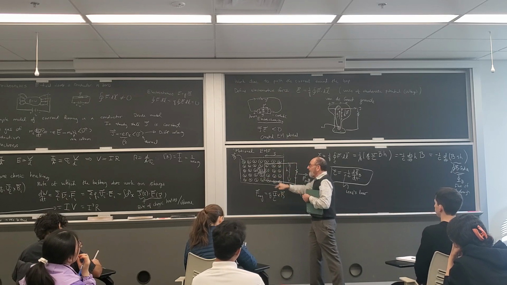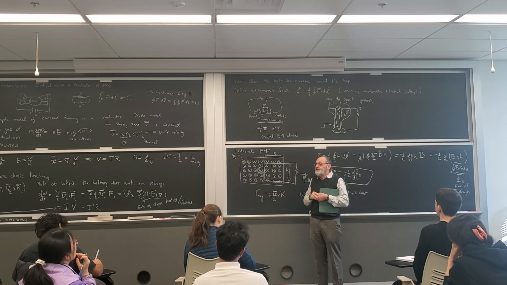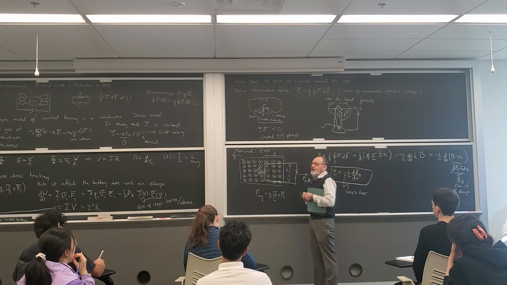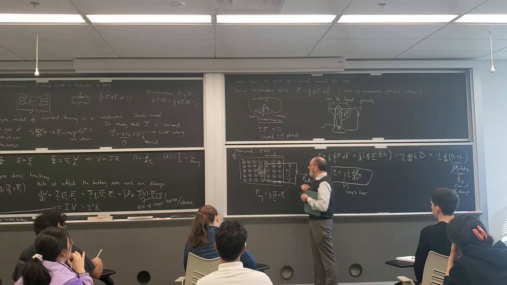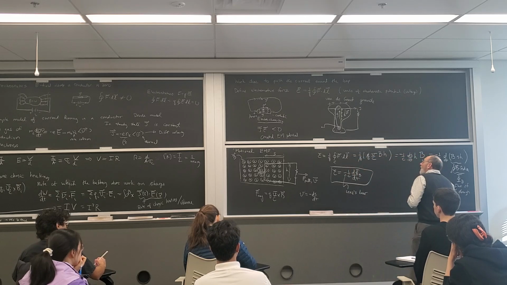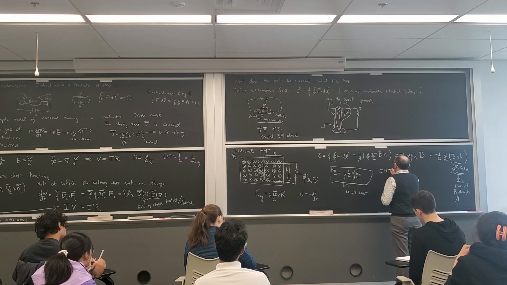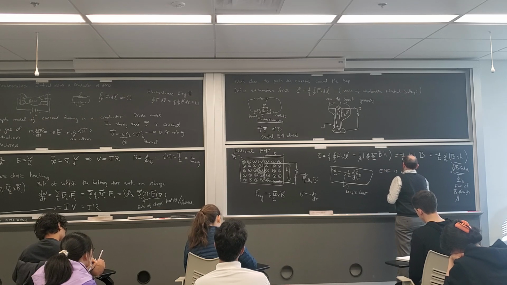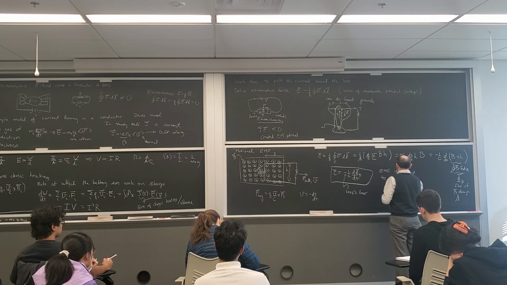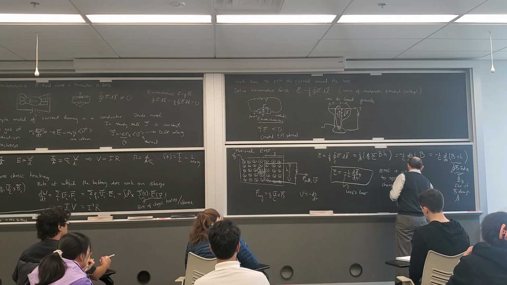Because this current loop will create its own magnetic field. And in what direction is that magnetic field? The opposite, right? So it tries to oppose. An EMF is induced to oppose the changing magnetic flux.